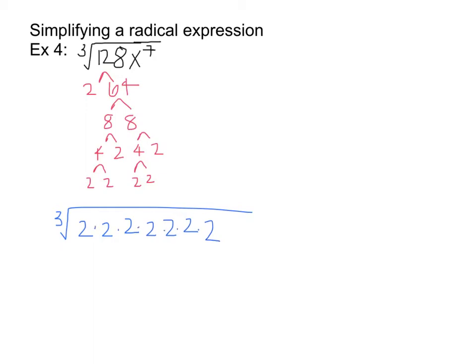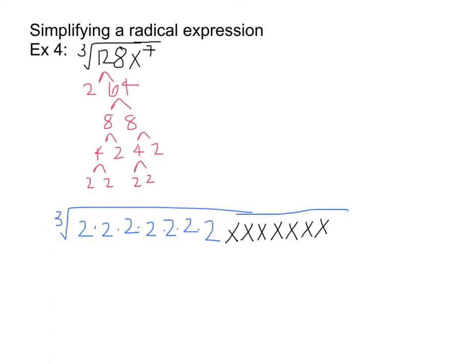Now we're going to work with the x's. So x to the 7th also means I have 1, 2, 3, 4, 5, 6, 7 x's. Okay, this index tells me the number of same numbers or variables that I need to circle for it to come out in front.